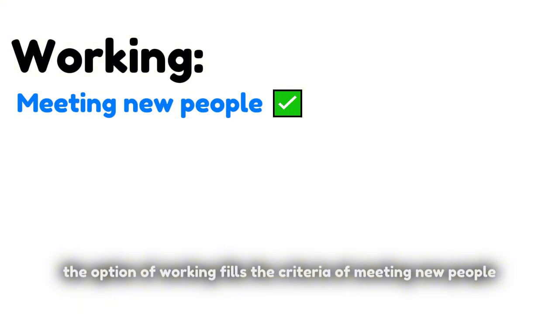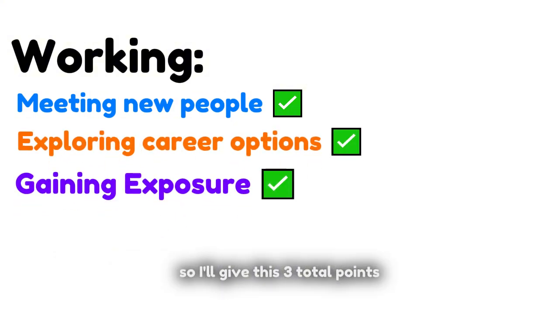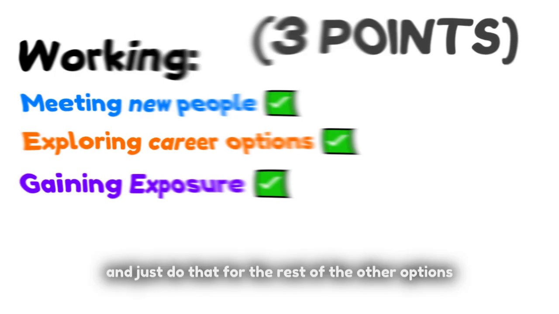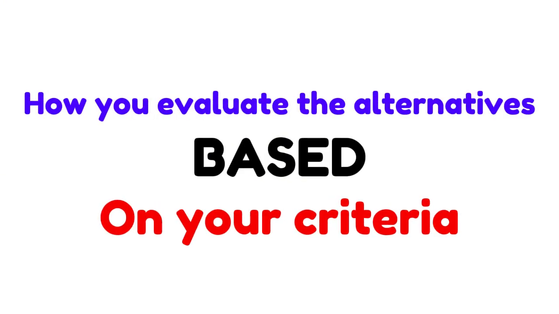Using this grid, you can now see how many criteria one option fulfills. So for example, the option of working fills the criteria of meeting new people, exploring career options, and gaining exposure. So I'll give this 3 total points, and just do that for the rest of the other options. And that's how you evaluate the alternatives based on your criteria.